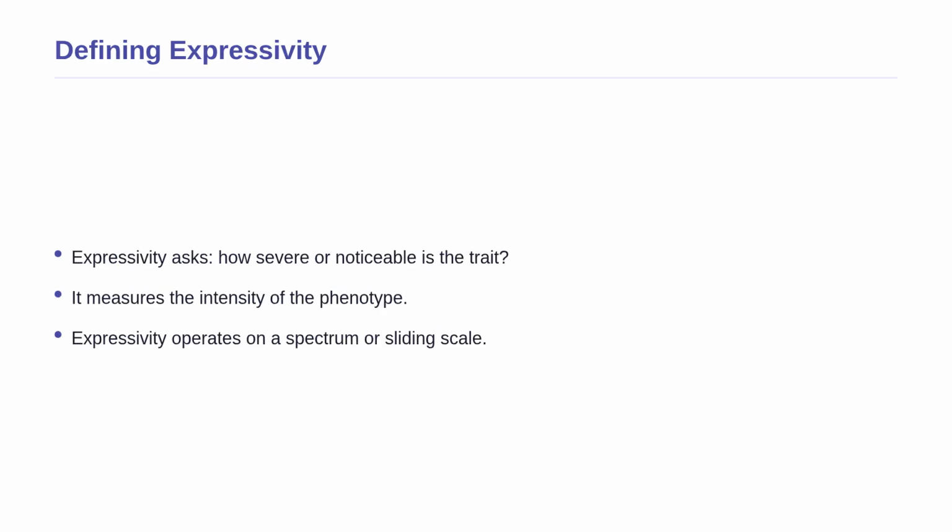So, we have established whether a trait appears or not. This brings us to our second major concept, expressivity. Let us go back to our cake baking analogy. This time, everyone's oven works, and every single person successfully bakes a cake. The penetrance is 100%.